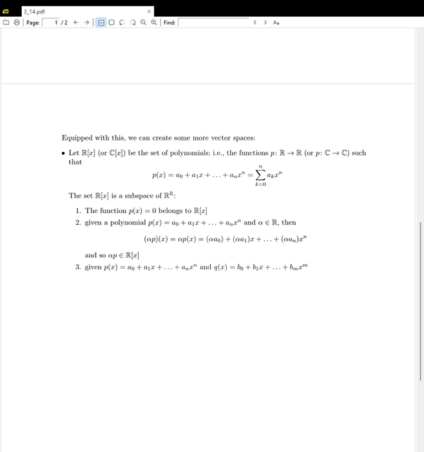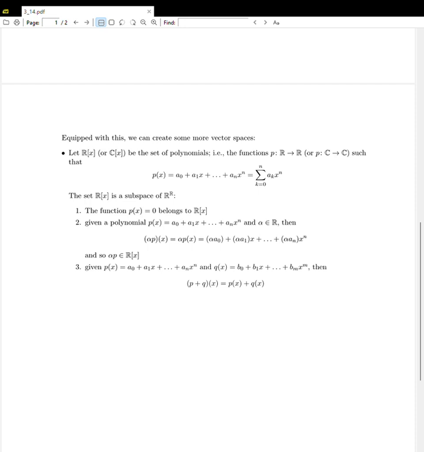However, if I were to now look at their summation, p plus q, well, what's the output? The output's p of x plus q of x. And I'm going to make this in a line, because I don't think I'm going to have enough room.